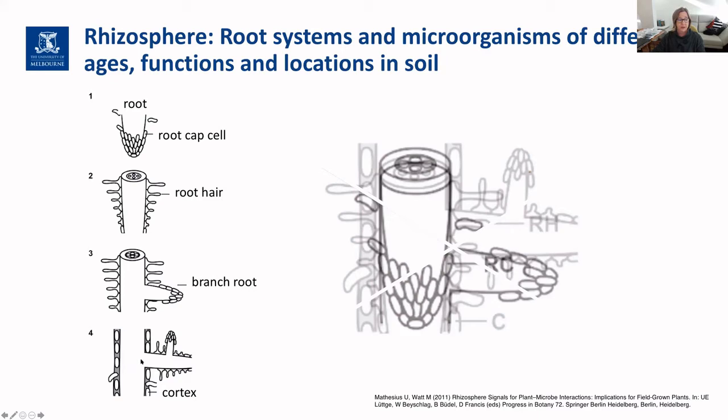Sometime after that, this same piece of root differentiates into an older root again. The cortex, this outer region, may senesce and slough, so providing even more complex and different compounds for microorganisms. And a branch root, such as this one, could develop its own branch root.